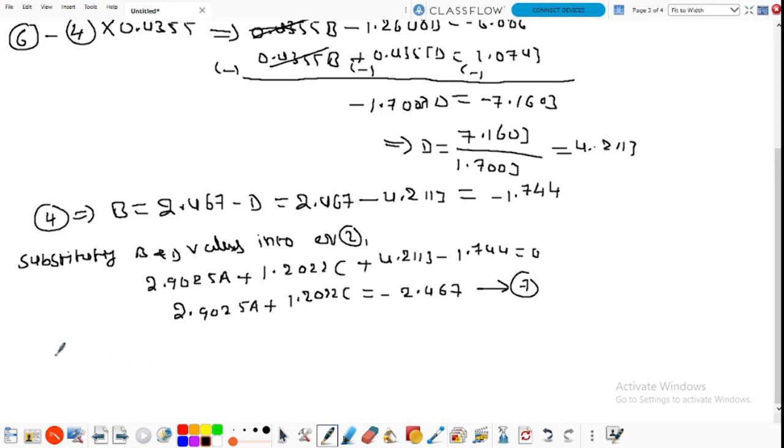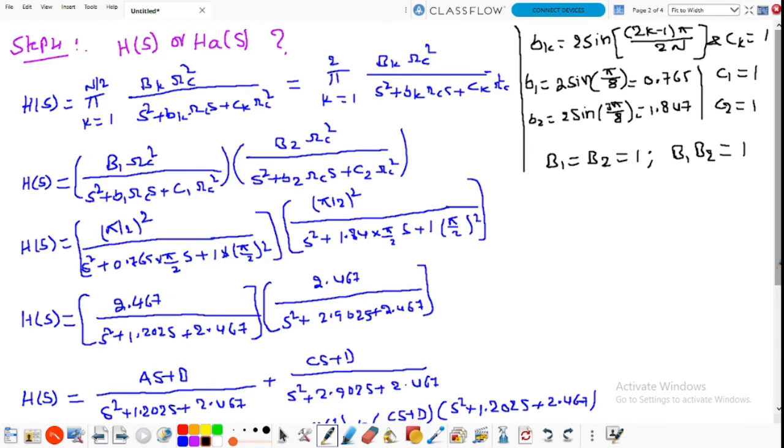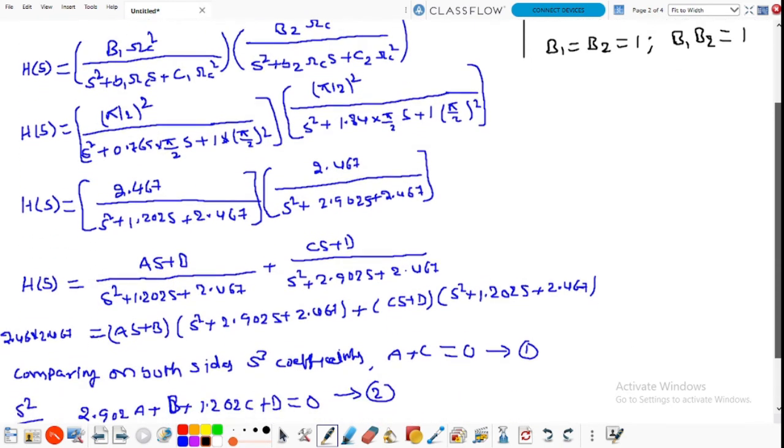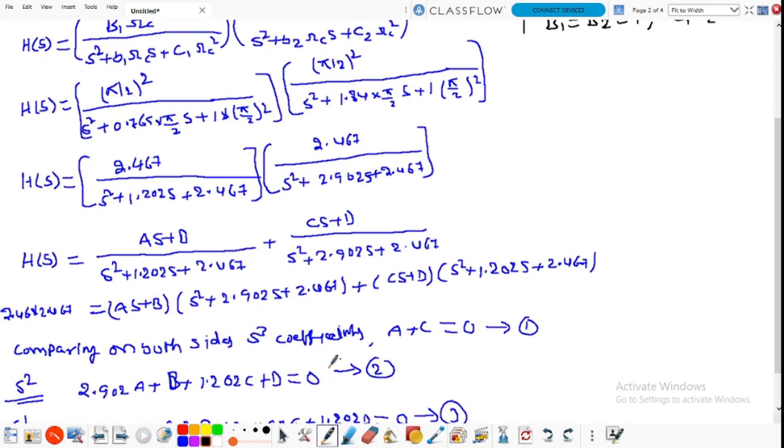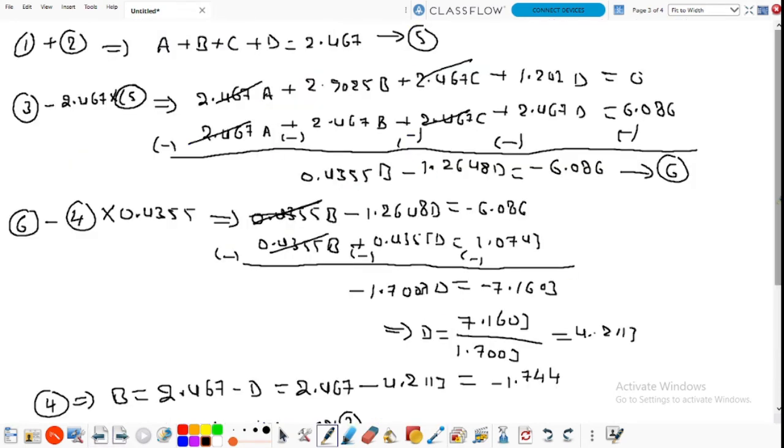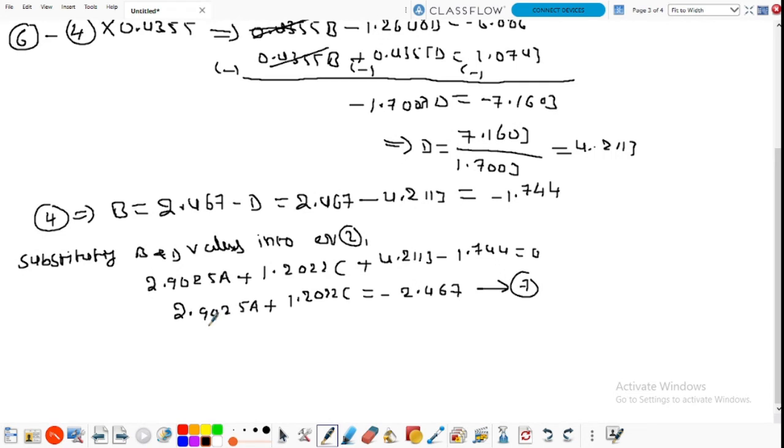Now multiplying equation 1 with 2.9025 and subtracting that from equation number 7.